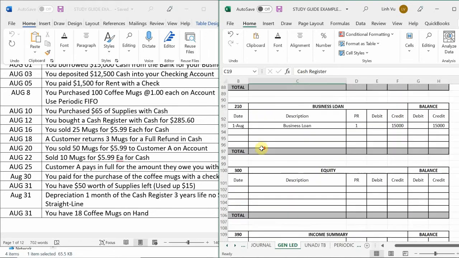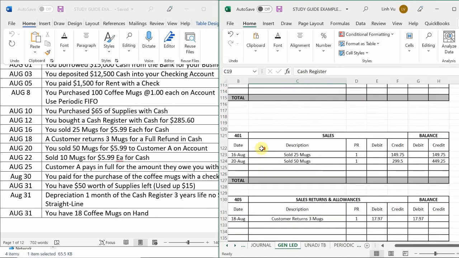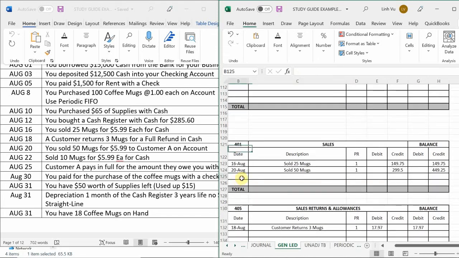We incurred some sales, so account number 401, for $59.90.